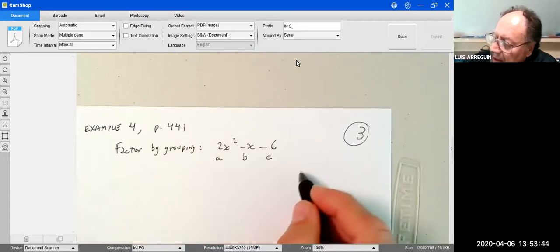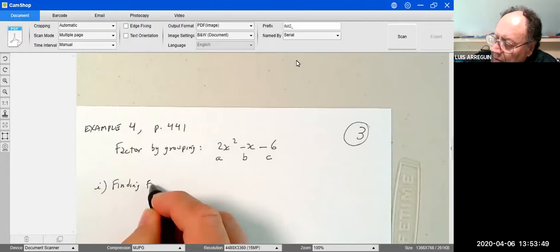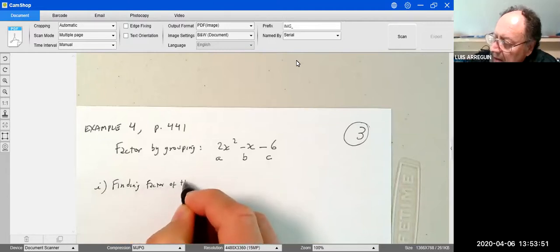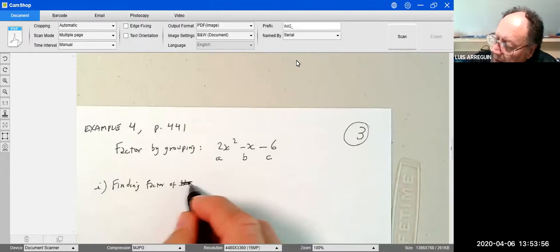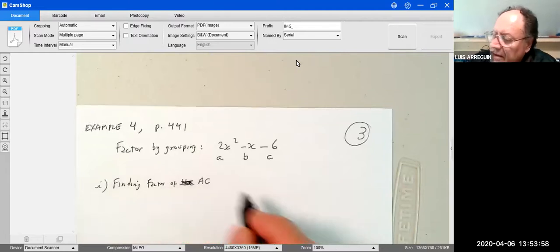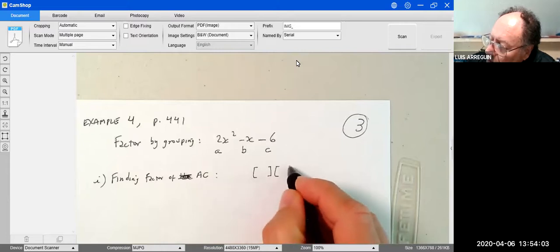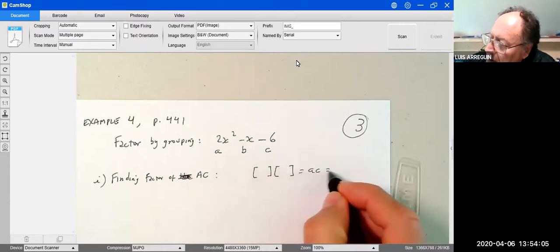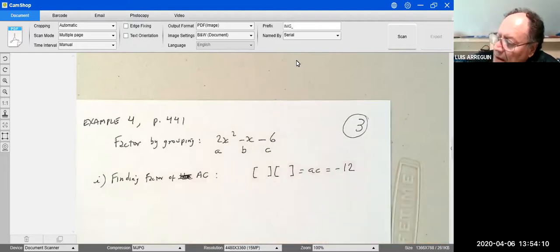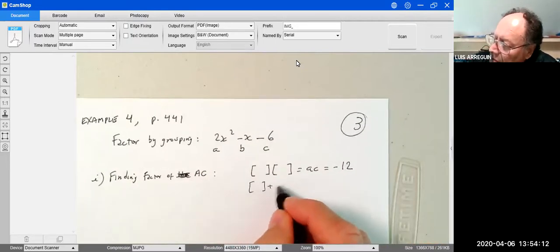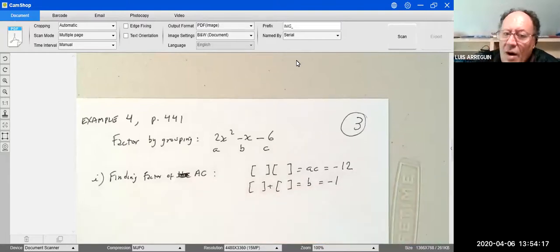So again, we're going to start finding factors of AC. Remember, factors of AC. That's the first part. So we're going to multiply two numbers, and we're going to get AC. This time it is -12. And I'm going to add those two numbers to get the middle term, this time -1.